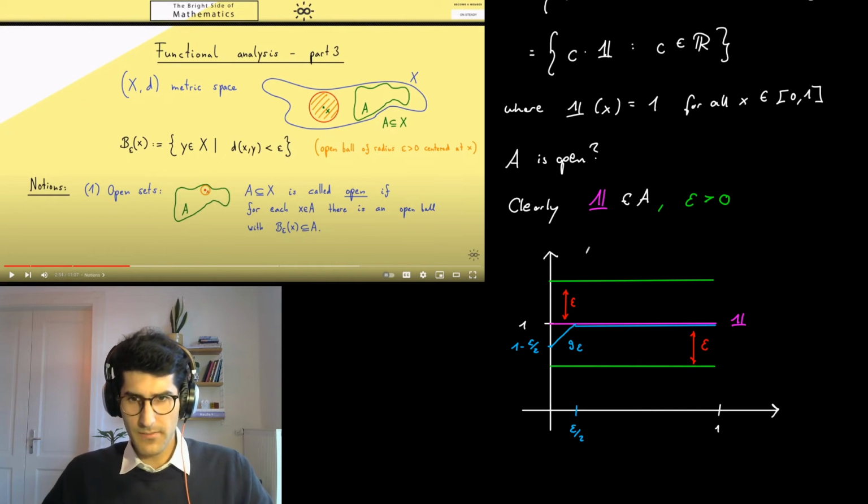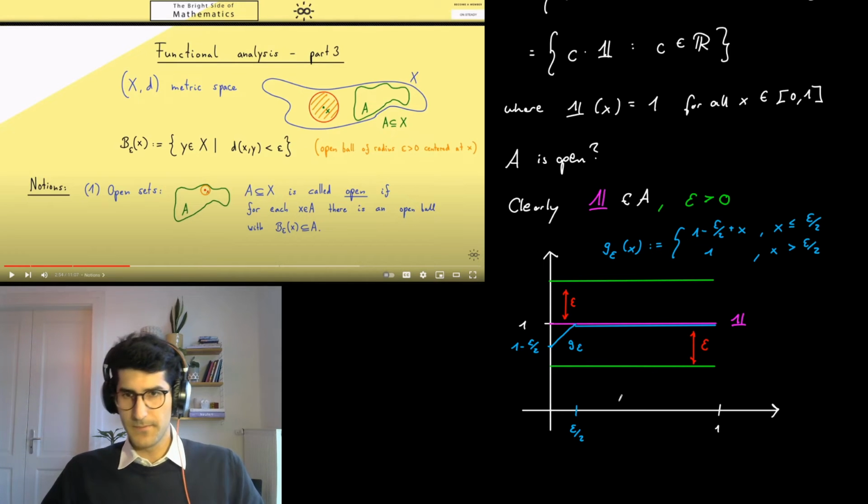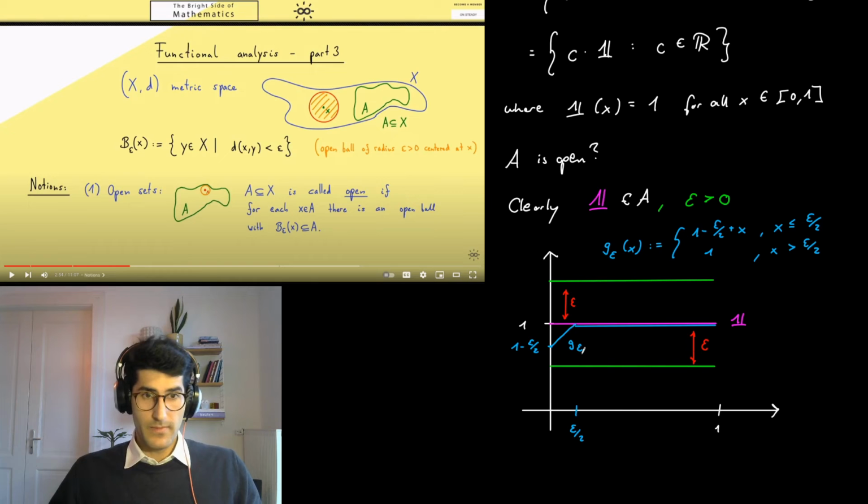Of course, we can also make this a little bit more explicit. So g epsilon of x should be the function that is 1 minus epsilon halves plus x if x is less or equal than epsilon halves, and it is 1 if x is greater than epsilon halves. Something that we immediately see here is, well, two things.